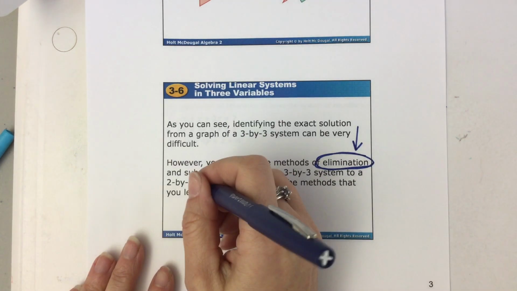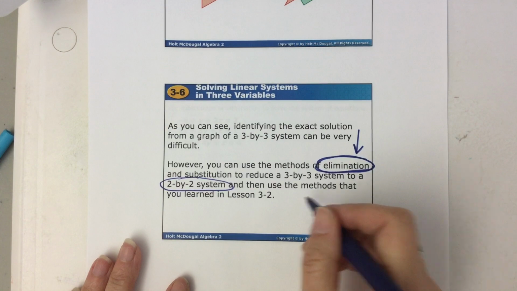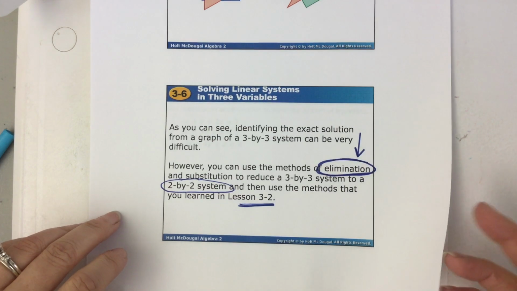When you do that, what you created is a 2 by 2 system. Then you can go back to the skills that we covered in 3.2 to solve for the 2 remaining variables. Then you can fill those 2 values into one of the originals to solve for the third. That's the process. Let's go for it.